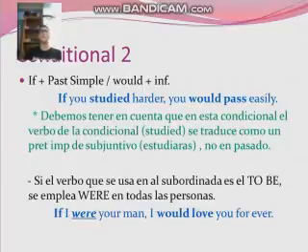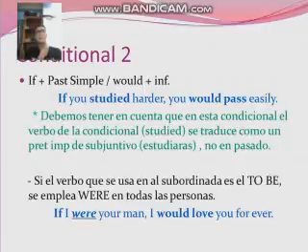We must take into account that we use the simple past in these sentences not to talk about the past, but to make it clear that it is something hypothetical or unreal.